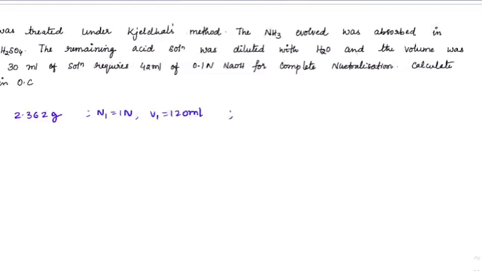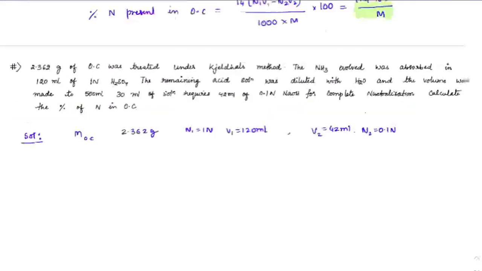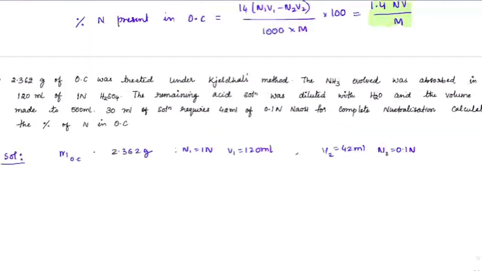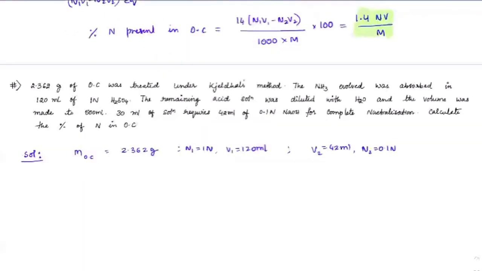So V2 here is 42 ml and N2 here is 0.1 normal. Okay, so we got this. Have you guys got that?